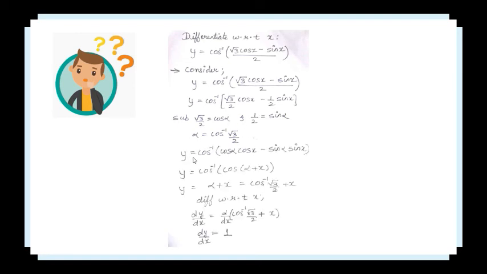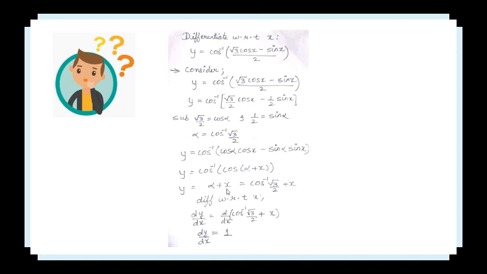See here, y equal to cos inverse of cos alpha cos x minus sin alpha sin x. So I can write y equal to cos inverse of cos of alpha plus x. Cos inverse of cos theta will be theta only, so y equal to alpha plus x.